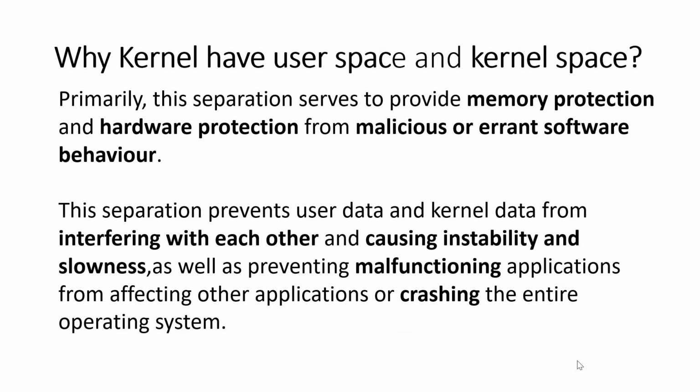This separation prevents user data and kernel data from interfering with each other and causing instability and slowness, as well as preventing malfunctioning applications from affecting other applications or crashing the entire operating system. Basically, the kernel should be stable, should be running no matter what kind of application you are running. So virtual memory is divided into two parts, kernel space and user space, just for making the system stable.